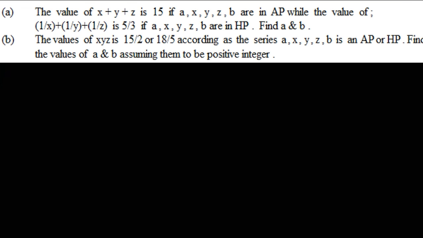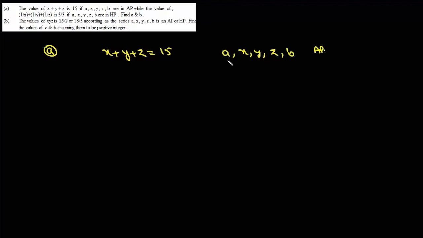Now in this first question it says value of x plus y plus z is 15 if A, x, y, z and B are in AP. Now we know that in an AP, arithmetic mean of terms equidistant from beginning and end is equal.